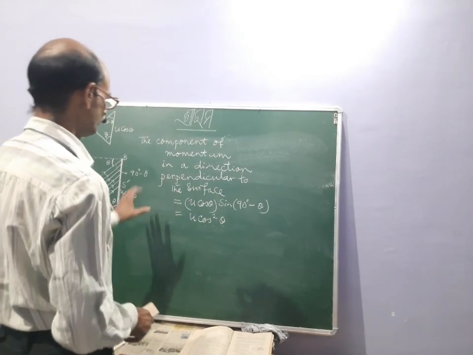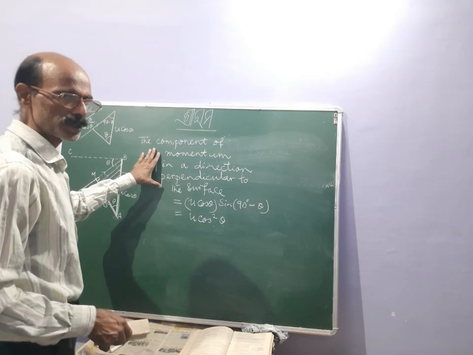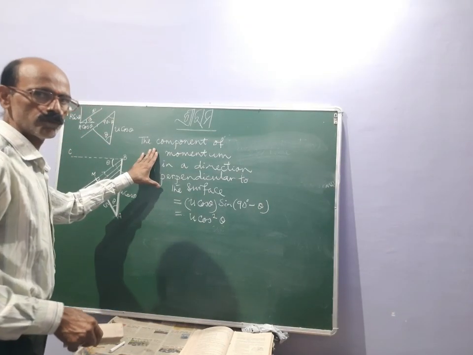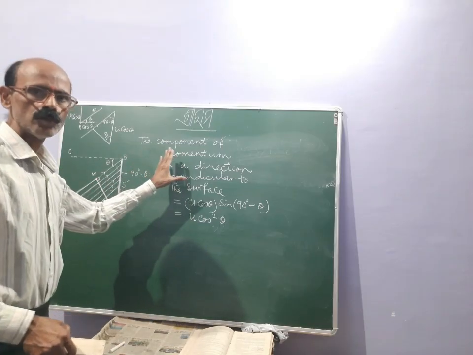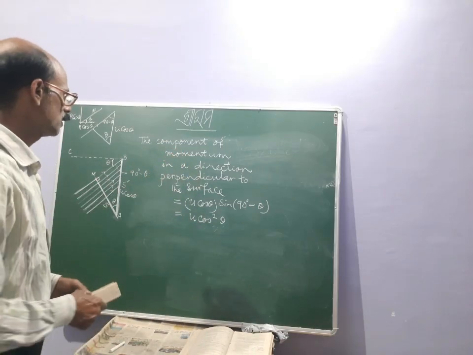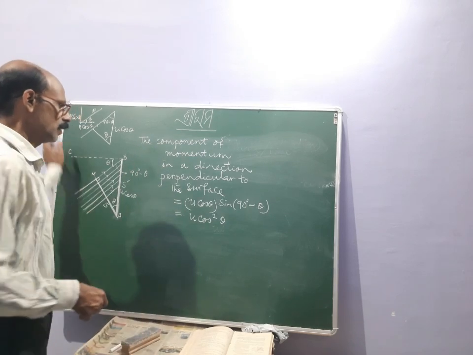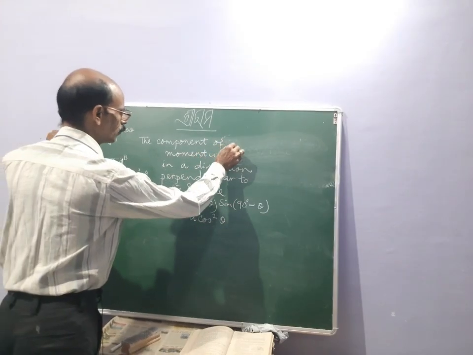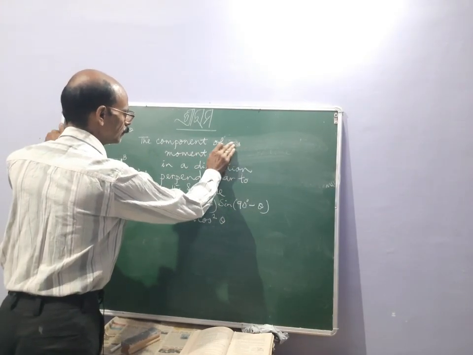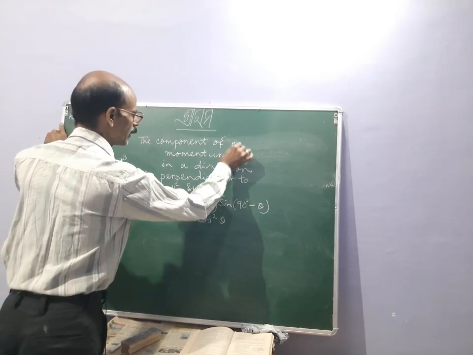So this is the rate of change of momentum per unit area perpendicular to the surface. I have not written rate of change of momentum.